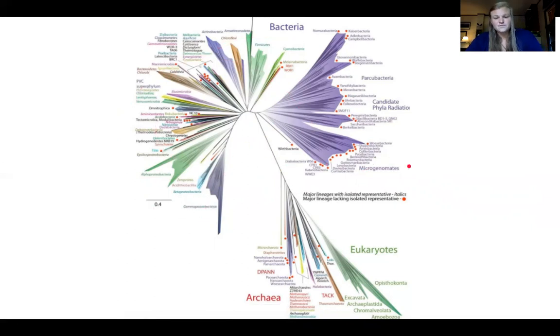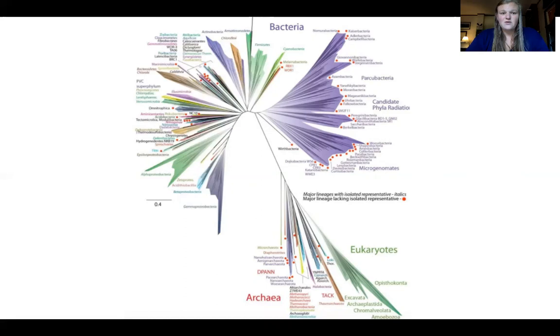This phylogenetic tree, this tree of life, was actually created by picking up pieces of dirt and analyzing the DNA sequences that were found in there and creating full genomes of each species of bacteria that was in that little piece of dirt.